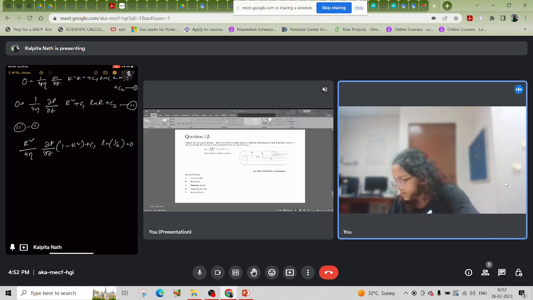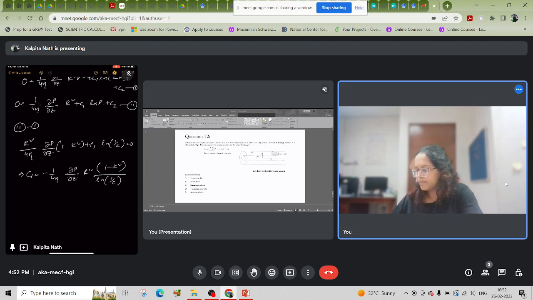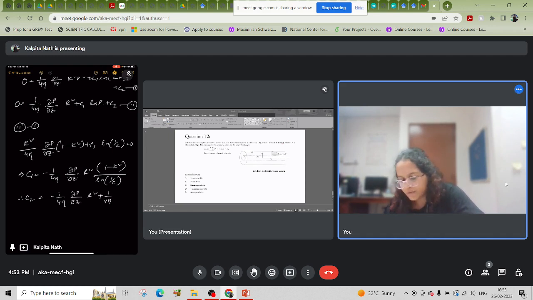Okay, so c1 is equal to minus 1 by 4 eta del p del z R square, 1 minus kappa square by ln 1 by kappa. c2 is equal to minus 1 by 4 eta del p del z R square plus 1 by 4 eta del p del z R square, 1 minus kappa square, ln R by ln 1 by kappa.